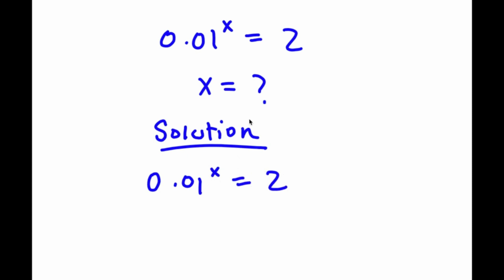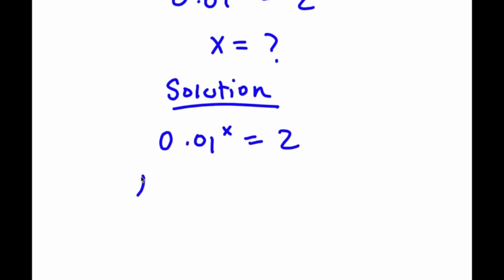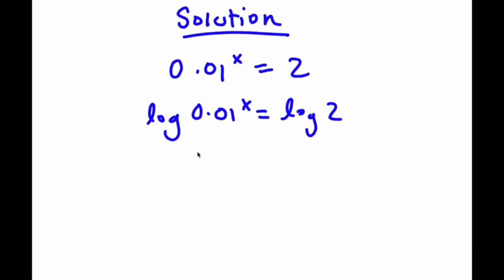Now I'm going to take the log on both sides. So now I have log 0.01 to the power of x is equal to log 2. Now, if I have something in the form log a to the power of b, I can simply move this exponent b to the front.